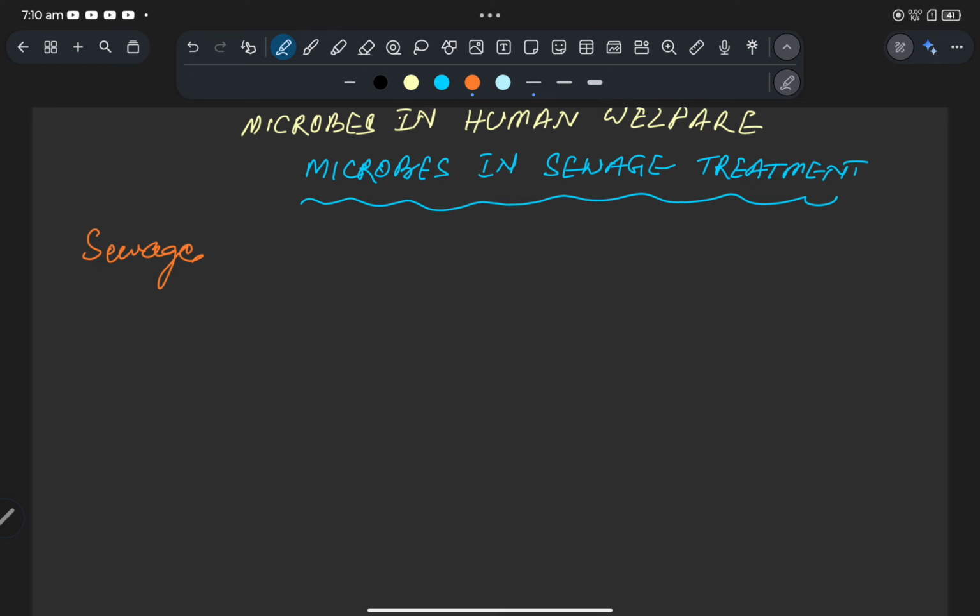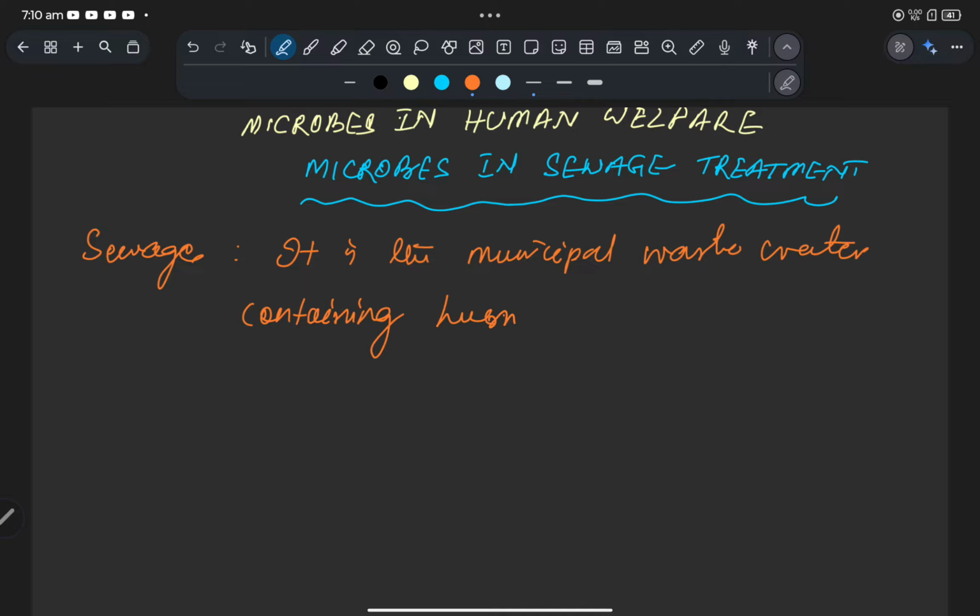Sewage is the municipal wastewater containing human excreta, organic matters, and microorganisms.